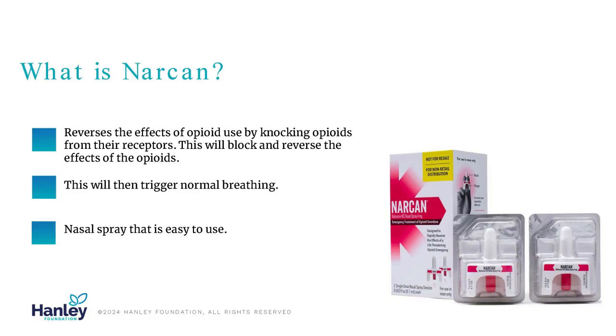So what is Narcan? Naloxone is the drug name. Narcan essentially works by reversing the effects of an opioid by knocking an opioid off of its receptors in your body. Through this, it will then reverse the effects of an opioid overdose.